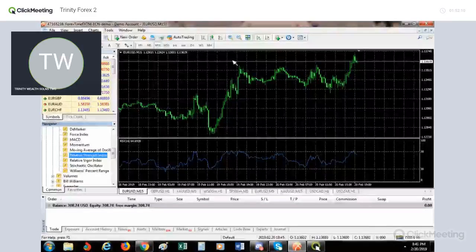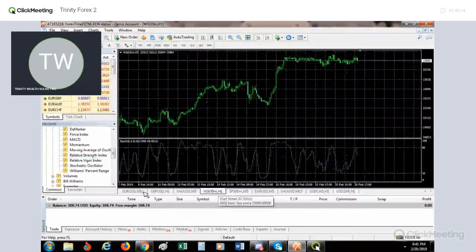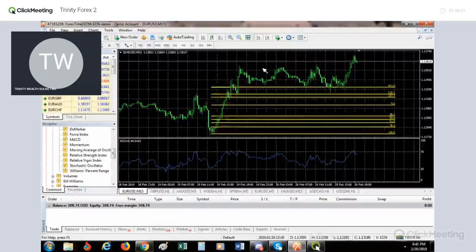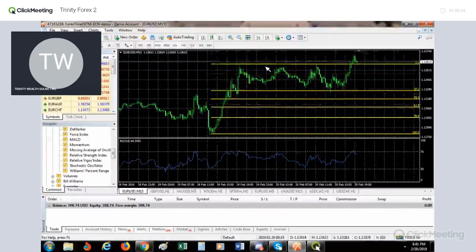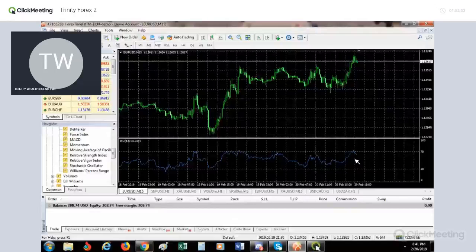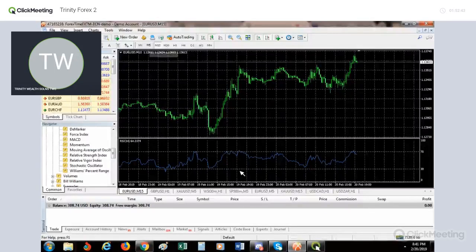You can see it tried to cross the 70 line. So you see when it gets to 70, you can see that the bears start coming in and the bulls are struggling.